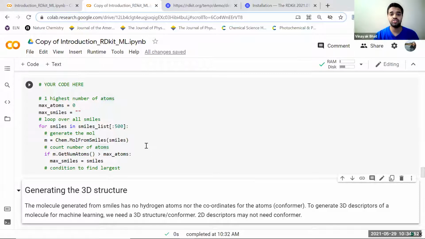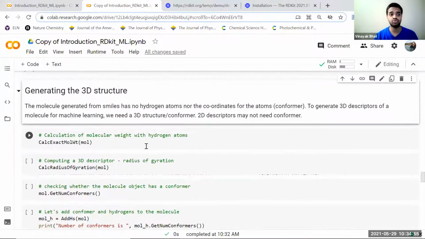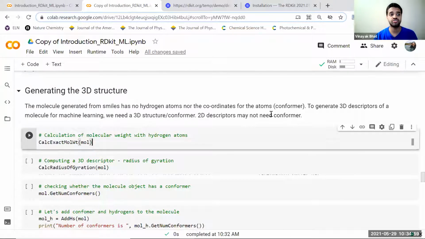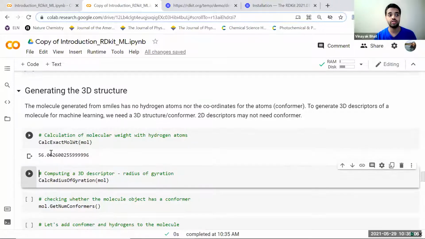So this thing that you generated is a 2D structure. It's not a 3D structure. If you want to calculate some descriptors, like a molecular weight, you can do that. If you want to calculate the molecular weight of this butene molecule, you get that as this.